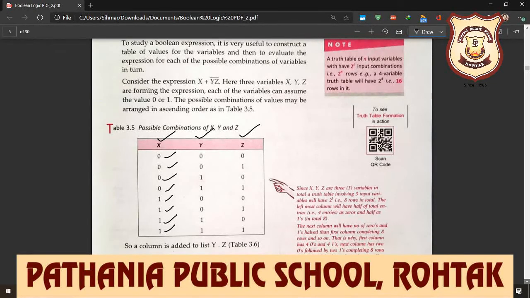In the y variable you can write down 0, 0, then 1, 1, then again 0, 0, then again 1 and 1. And in the third variable, you can write down 0, 1, 0, 1, 0, 1, 0, 1. These are the possible combinations of your truth table.